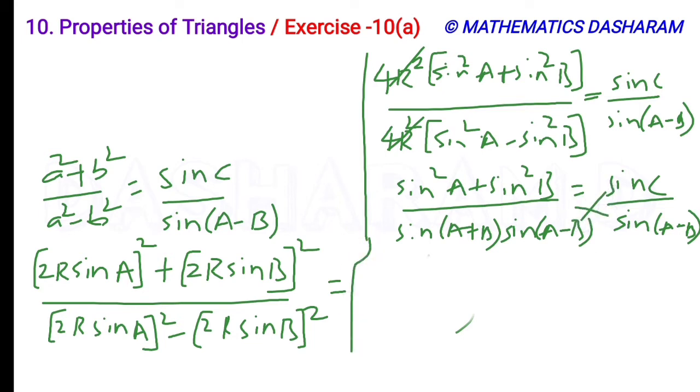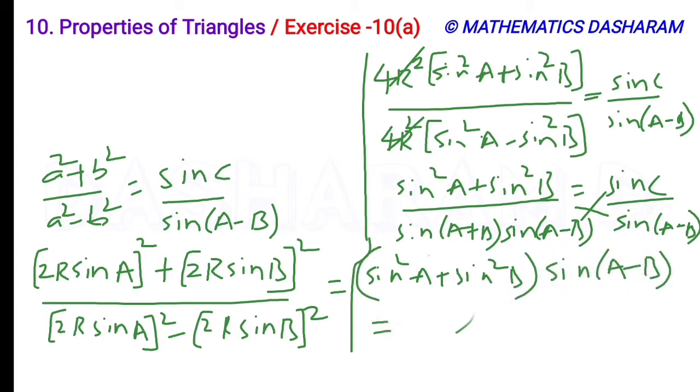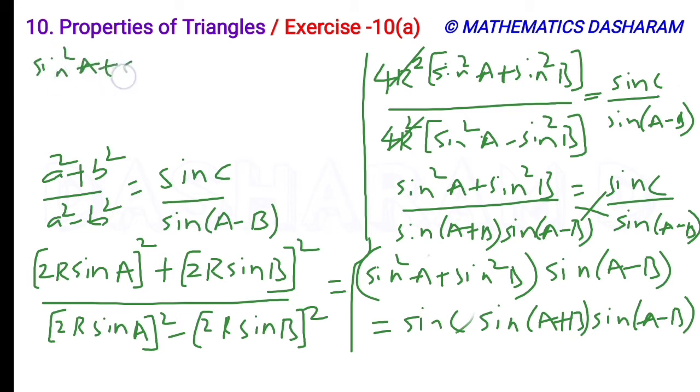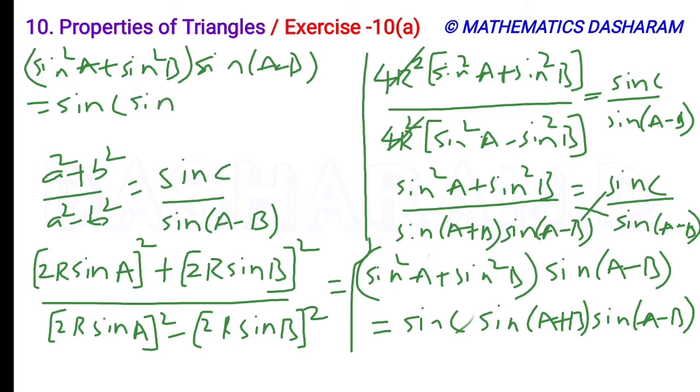So the cross multiplication is (sin²A + sin²B) multiplied with sin(A − B) equals sin C into sin(A + B) into sin(A − B). Sin(A + B) can be written as sin(π − C), because the sum of the three angles is 180 degrees in the triangle.